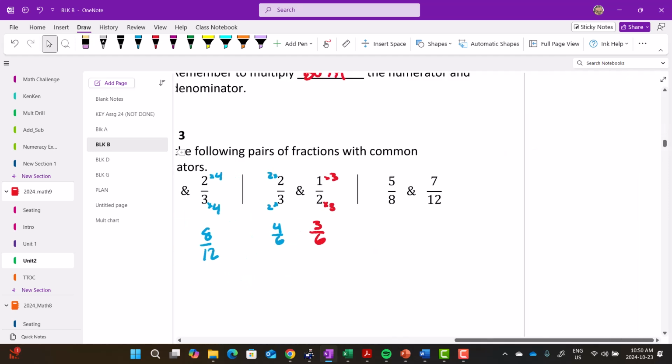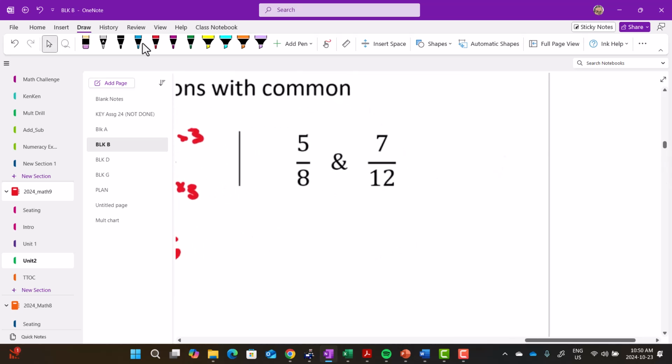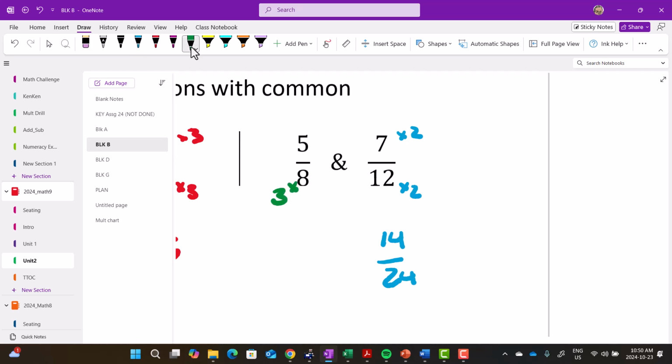So this one, 12 times 2 is 24. Top and bottom. So we get 14 over 24. And you multiply this one by 3 top and bottom to get 24. So we have 24 and 15. All these little things coming all together, okay?